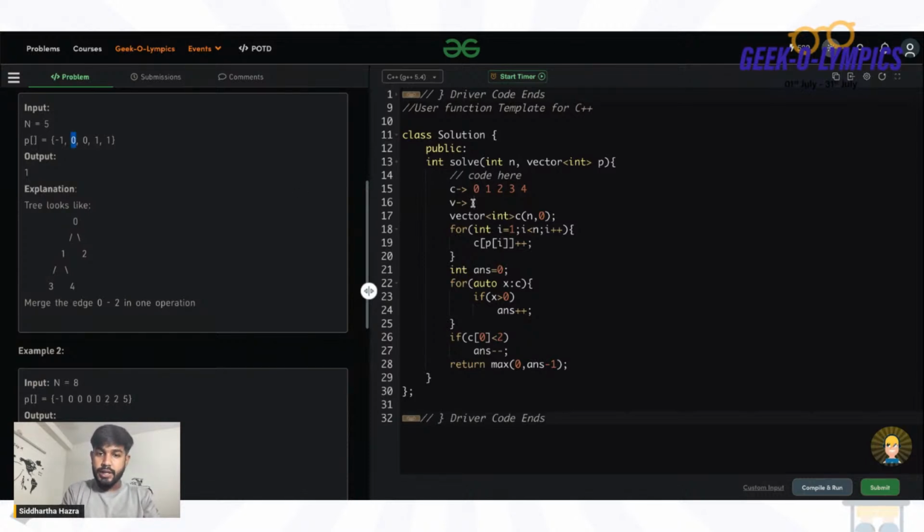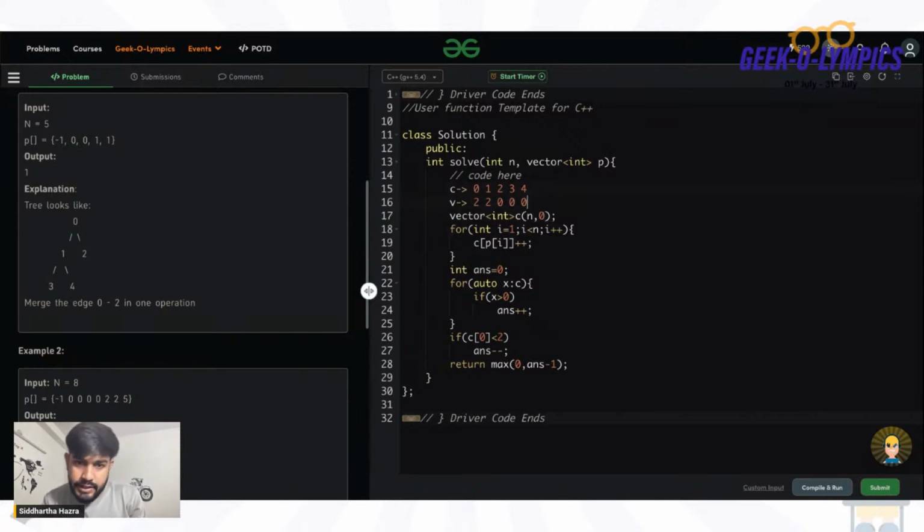So the count of 0 would become 1. Then 0 came again, 0 came again, so the count of 0 would become 2. And 1 came again, 1 came again. So the count of 1 would become 2, and the rest of the values would remain 0 because all the values are initialized by 0.